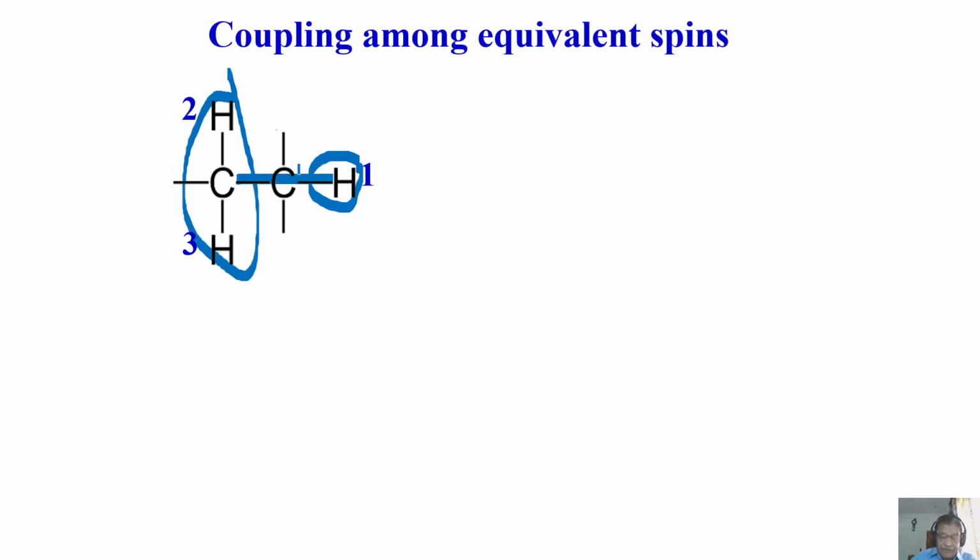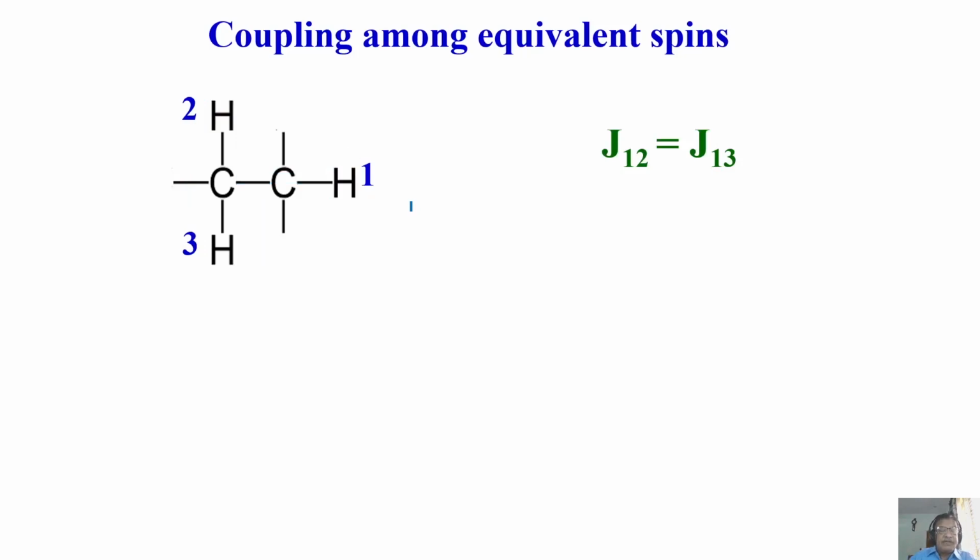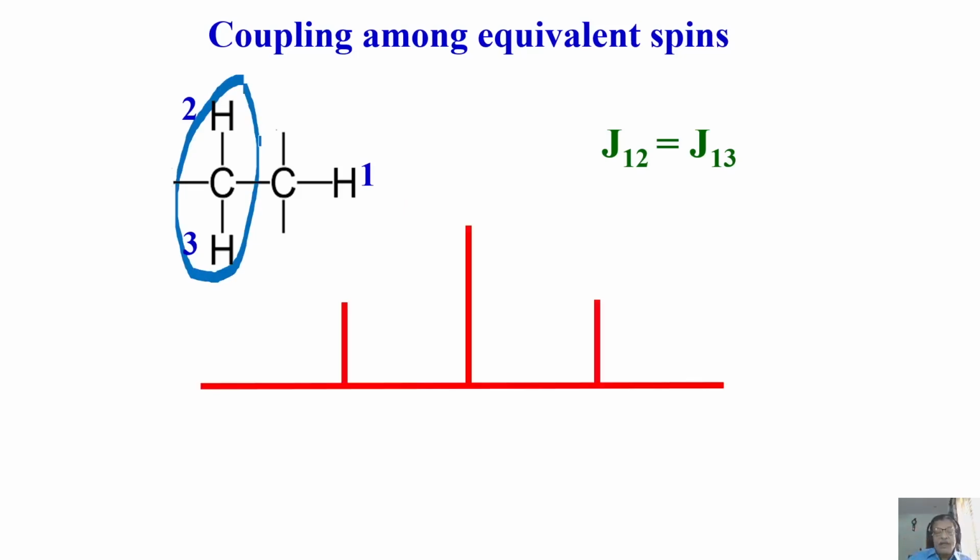Now let us see what happens. This is an example to show that J12 is equal to J13. It is a chemically equivalent spin. So we call the CH2 an equivalent group. In this case, I will simply say the proton is coupled to CH2. That's all. Look at this.